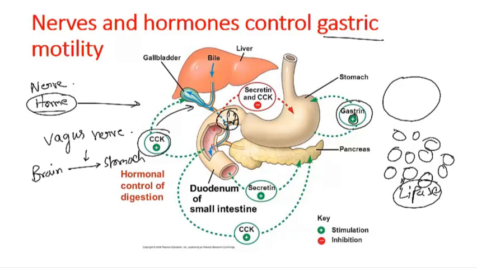So secretin is released from the duodenum as well, and that acts on the pancreas to start releasing different pancreatic enzymes like pancreatic lipase, pancreatic amylase, and different pancreatic proteases that will help in this whole process. So there are cross interactions between them.